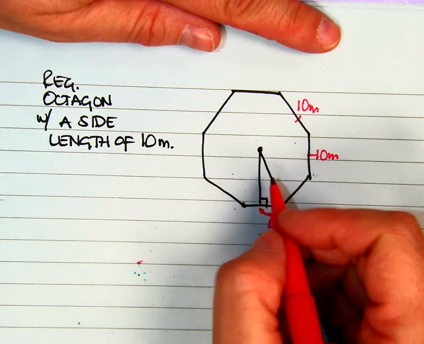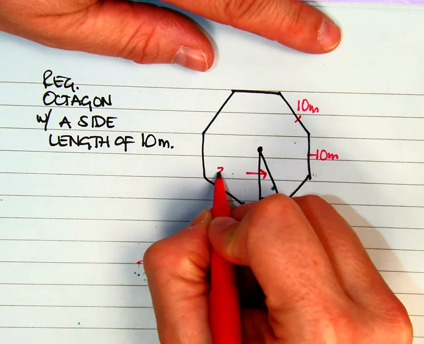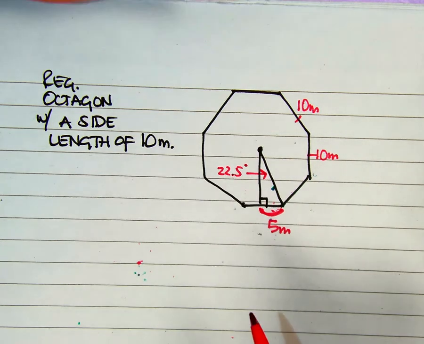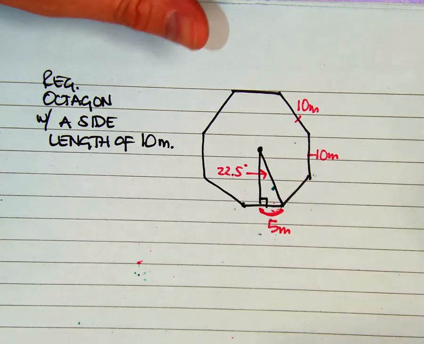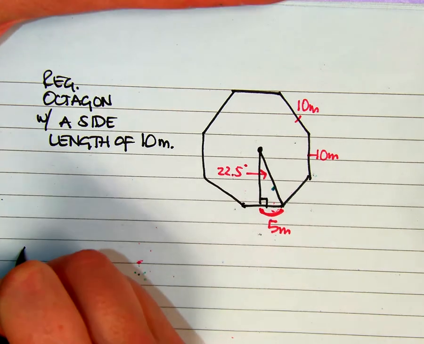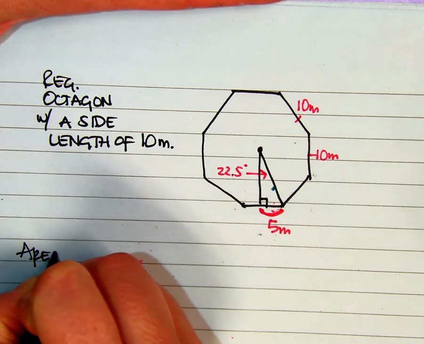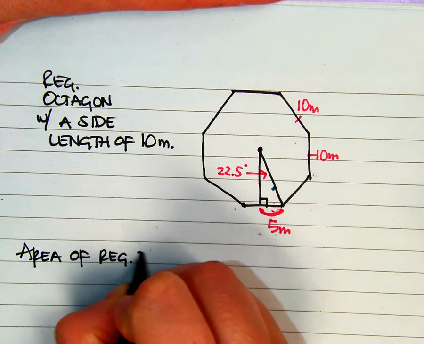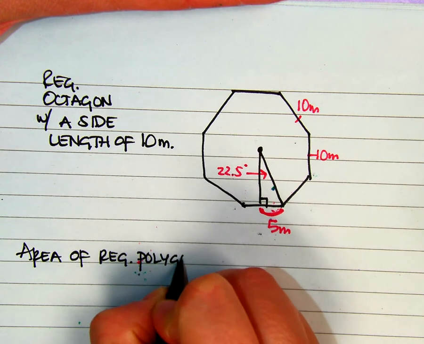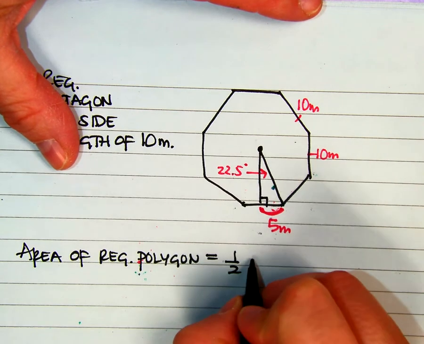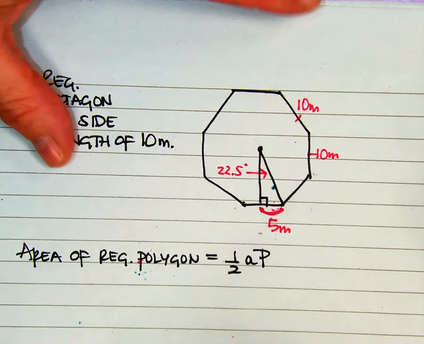From what we found previously, this would still be the 22.5 degrees. In order to find the area of a regular polygon, the formula is the area of a regular polygon equals 1/2 AP.